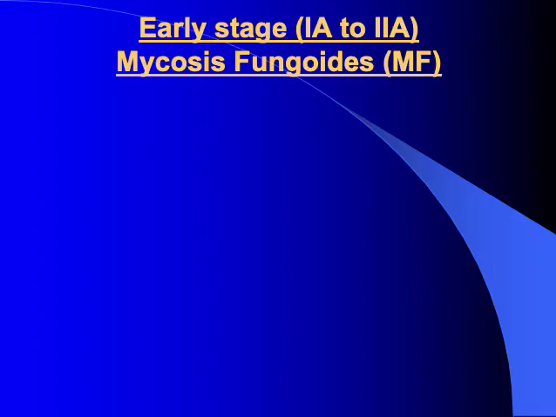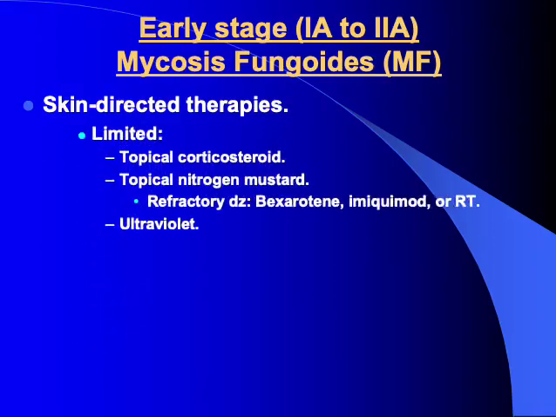For the early stage mycosis fungoides, we treat with skin-directed therapies, corticosteroids, or topical nitrogen mustard, or even ultraviolet light.